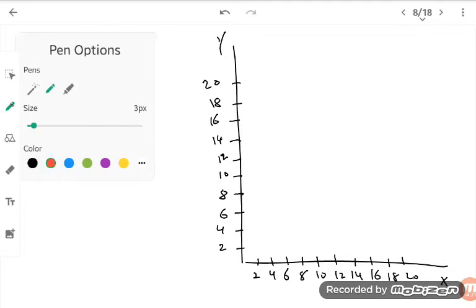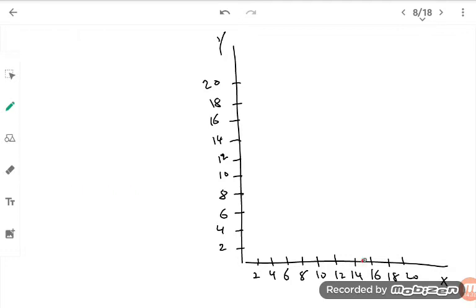So as we said, first point 0 and 15. So this is line number 1.